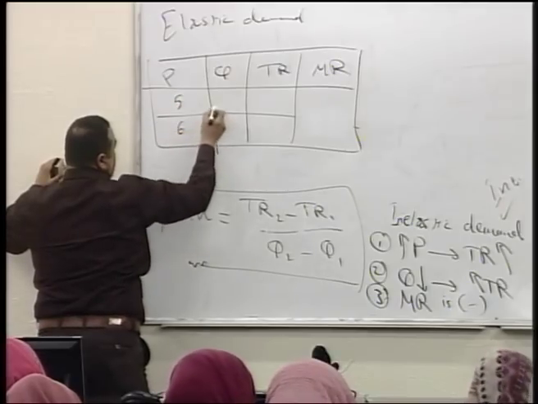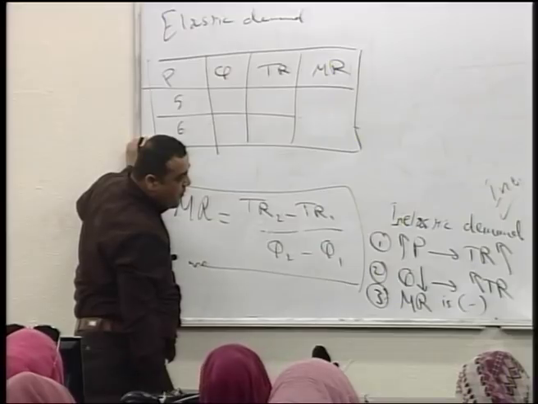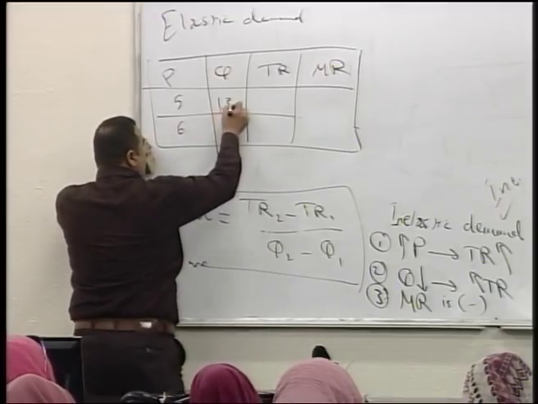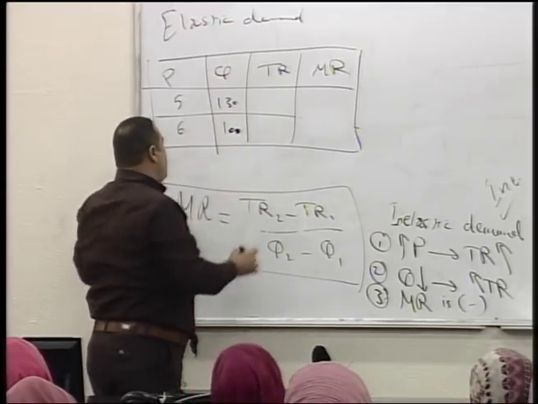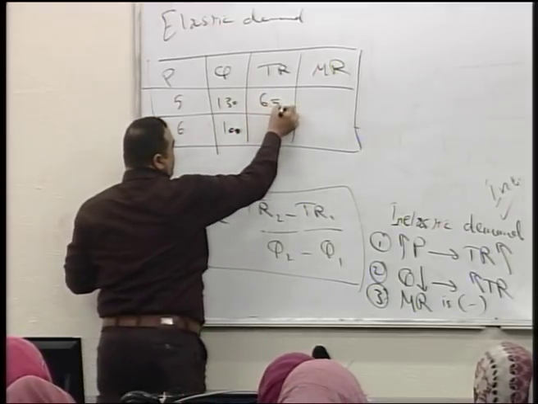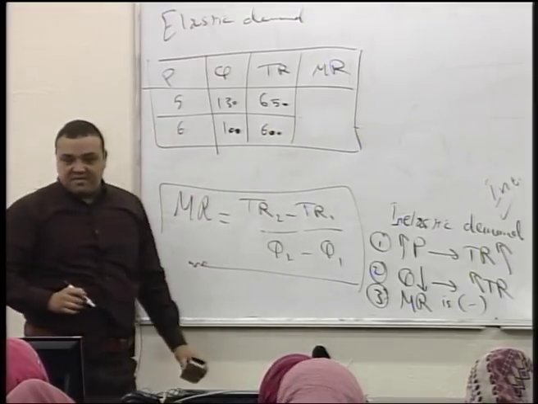Five, six. 130, 100. How much is the total revenue here? 650, 600. Let's calculate the marginal revenue.